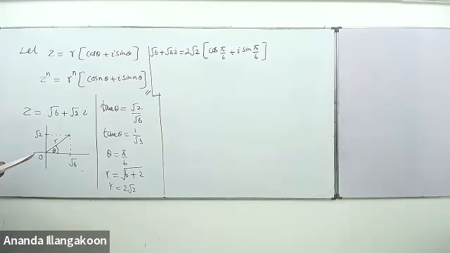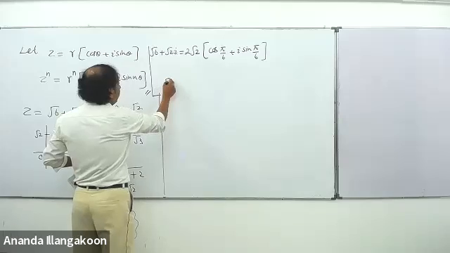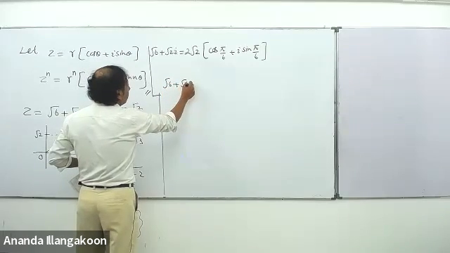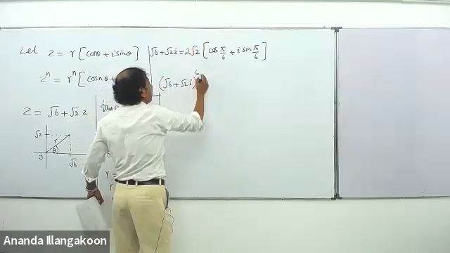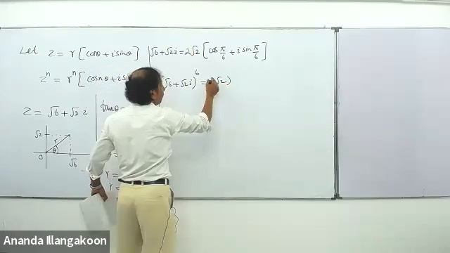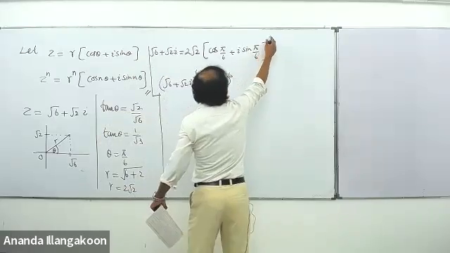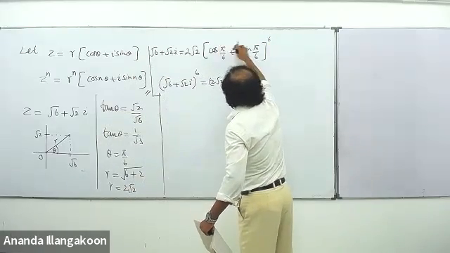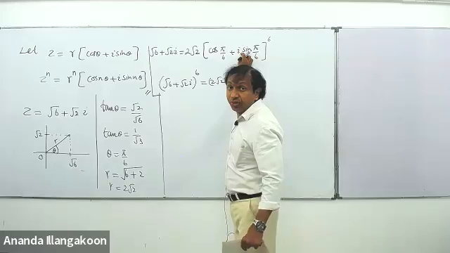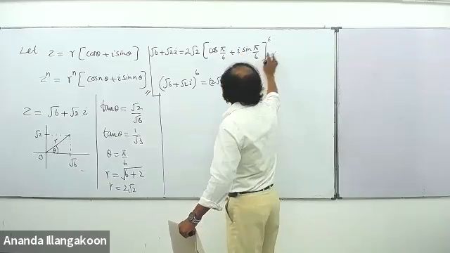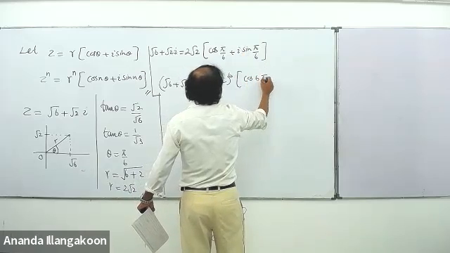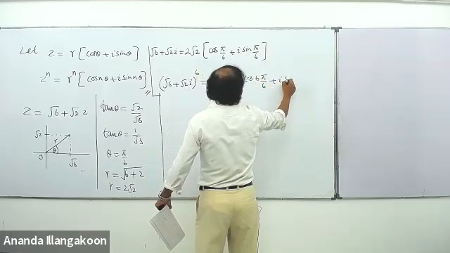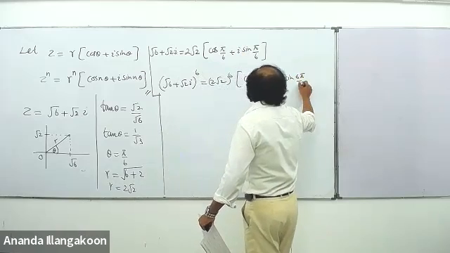Now, what is it asking? Root 6 plus root 2i to the power 6. Then we take the right-hand side to the power 6, and we can write that power 6 by De Moivre's theorem: cos 6 pi by 6 plus i sin 6 pi by 6.